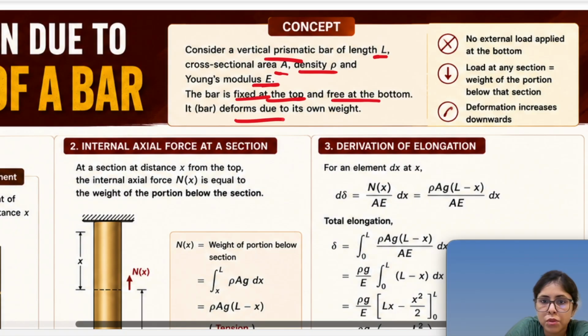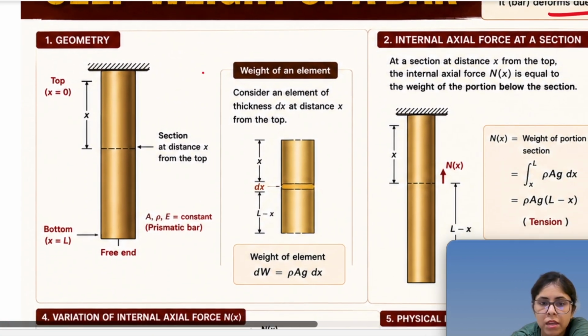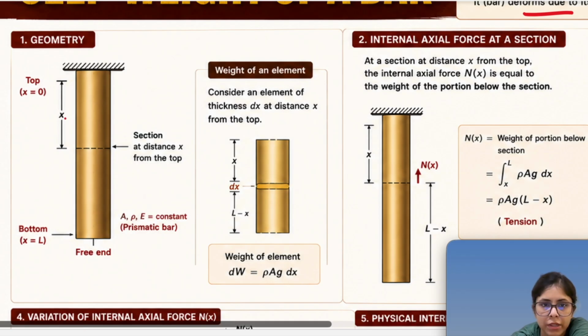If the bar deforms due to its own weight, then something like this is the geometry. We have this fixed support, and from that it's a free end. There is no external force. It's just its weight, and due to gravity, that weight is acting on it.